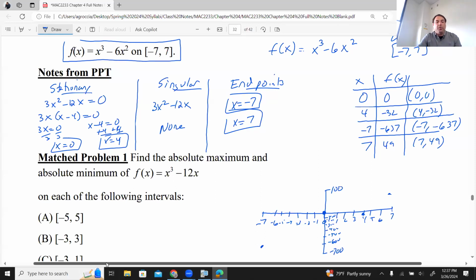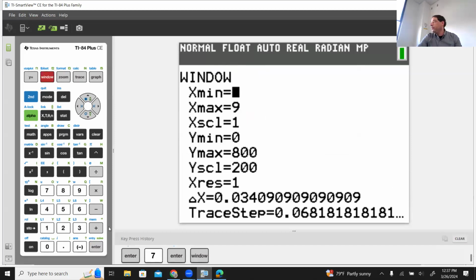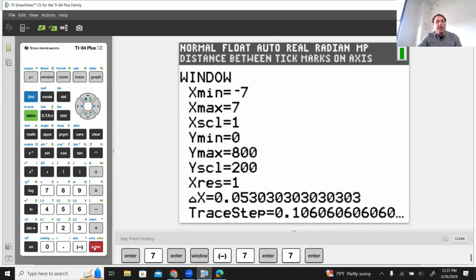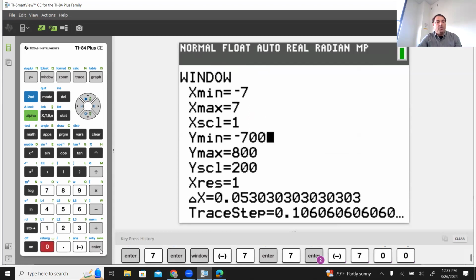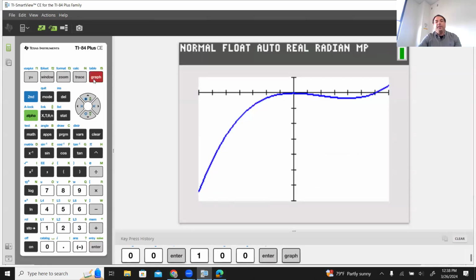And then let's go to our calculator. Go to window. Our x is -7 min, x max 7, scale 1s, y minimum -700, y max 100, and I counted by hundreds. And now that I have the graph, I can label everything. So I hit graph. There's your picture, which kind of matches the points.